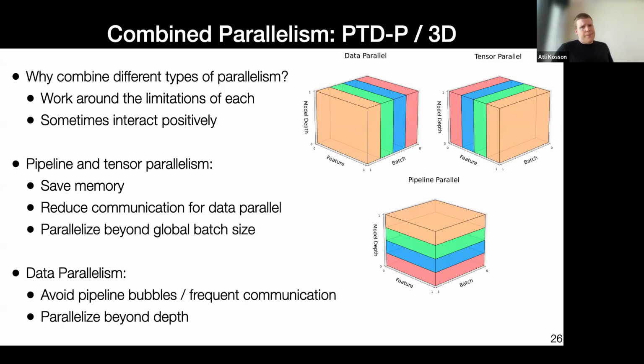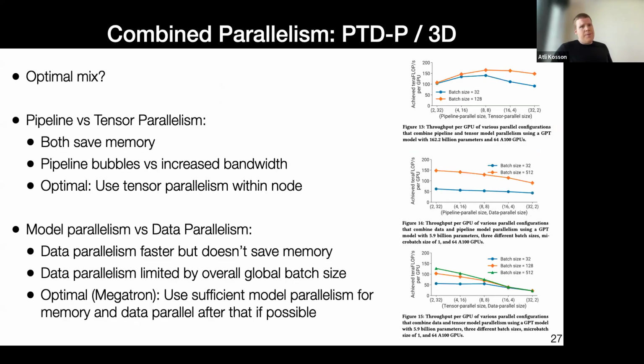Okay. Optimal mix. I'll also not go too deep into this, but basically the recommendation, what they do in the end, is this: in each node, with 8 GPUs, they use tensor parallelism.